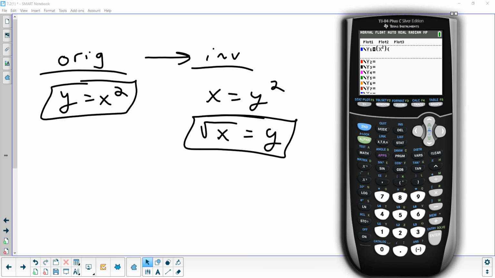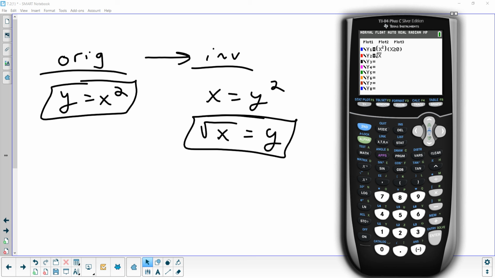So I'm only going to look at the positive part of the parabola. Okay, so I'm just trying to keep the comparison accurate. So this is a piecewise function. We're only going to graph it for positive values of x. And I'm only going to do the square root for positive values of x as well. That I don't need to specify. The calculator will handle that automatically.